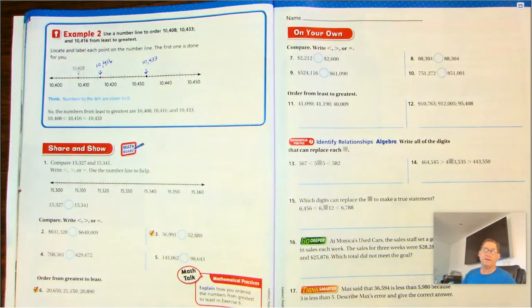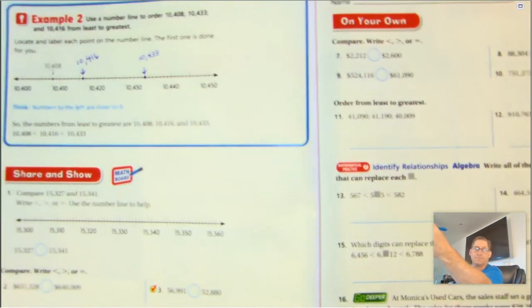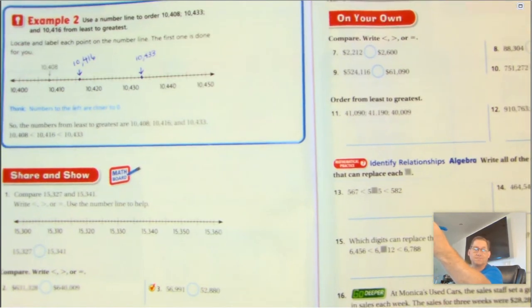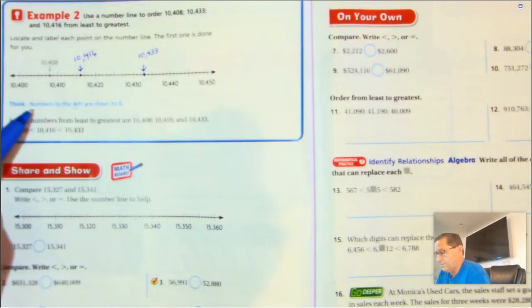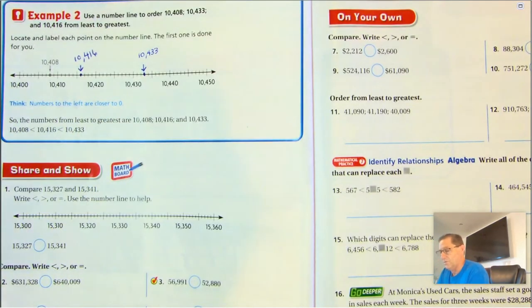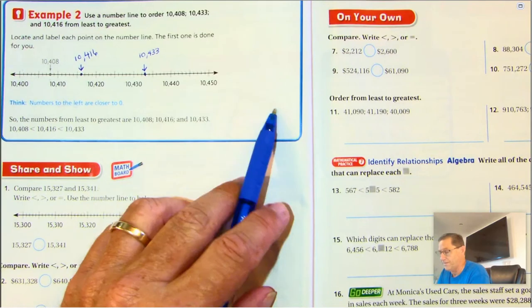All right, so we've labeled all three of our numbers on the number line. And now the numbers to the left are closer to 0. So 10,400 is the smallest on this number line, and 10,450 is the largest value.